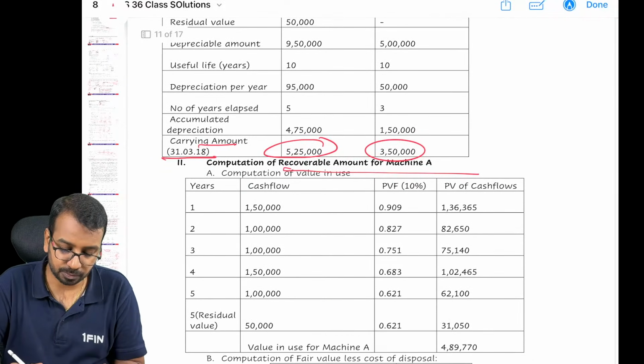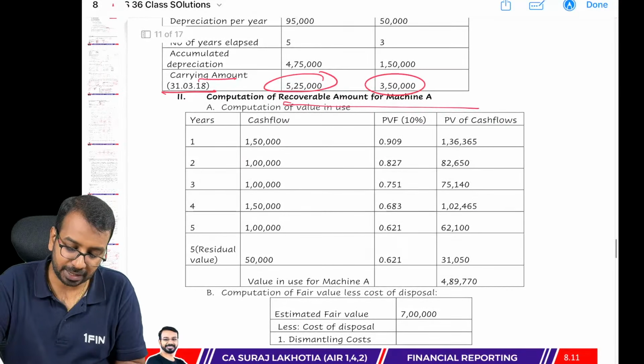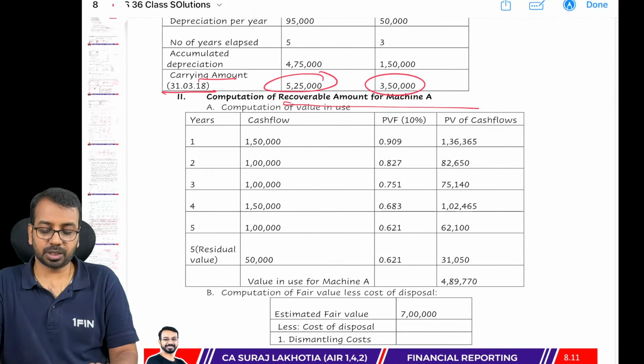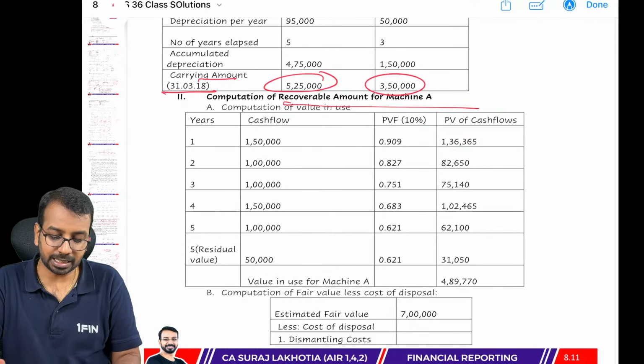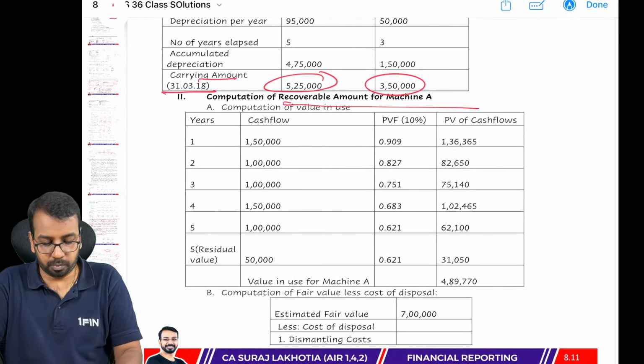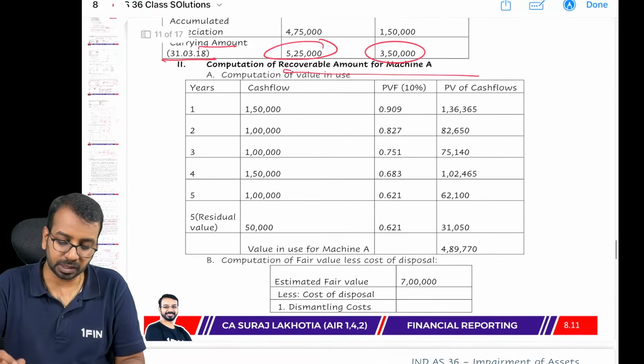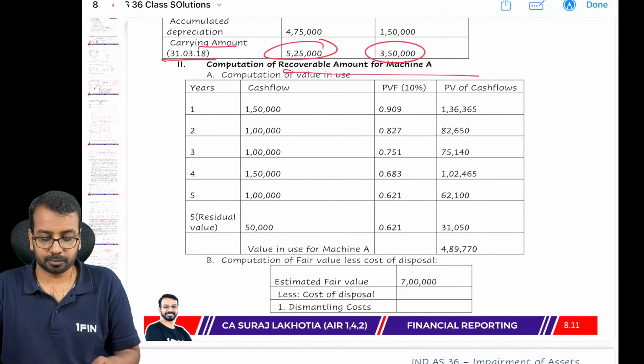We'll take the cash flows, including residual value, and figure out what is the value in use for machine A. That comes to 489,770. Okay.